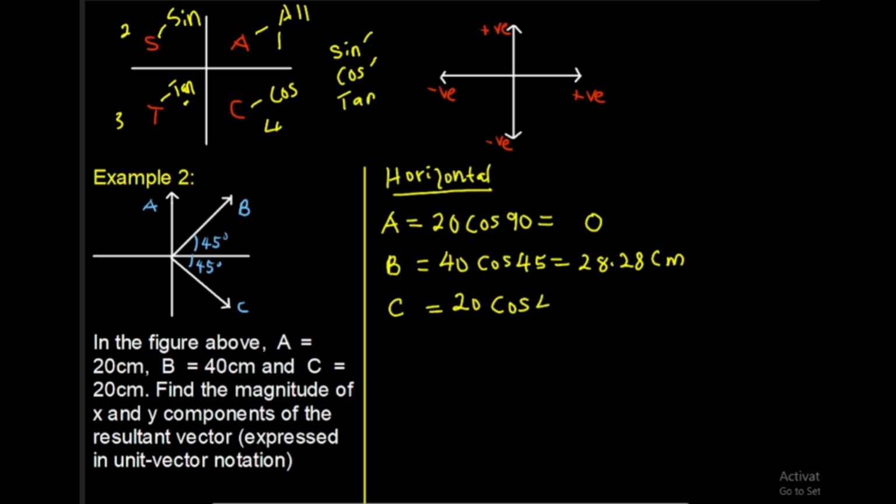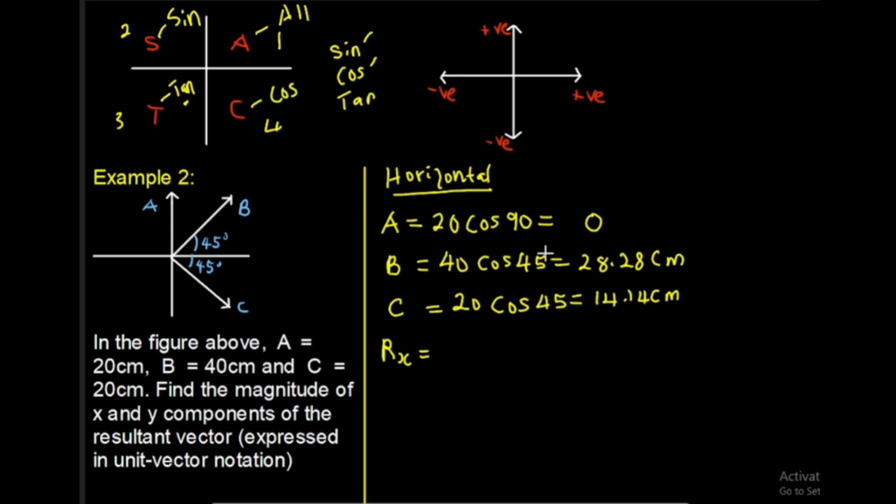So we have 20 cos 45, and that is 14.14 cm. Now you can see vector C falls in the fourth quadrant, and in the fourth quadrant only cos is positive. So that's why we don't bother putting any negative sign here. So we are done with resolving horizontally.